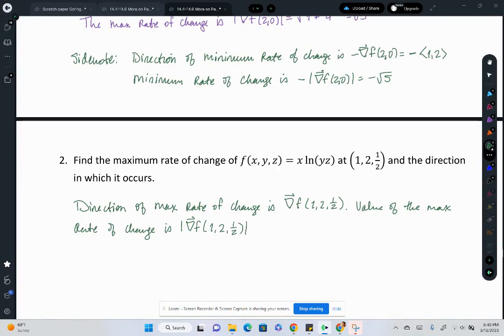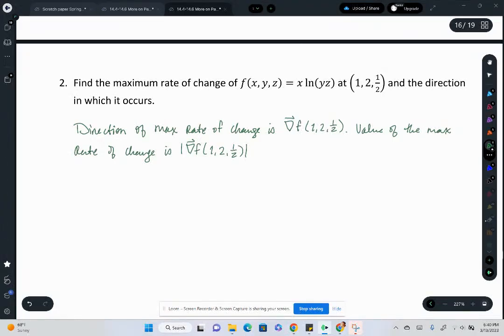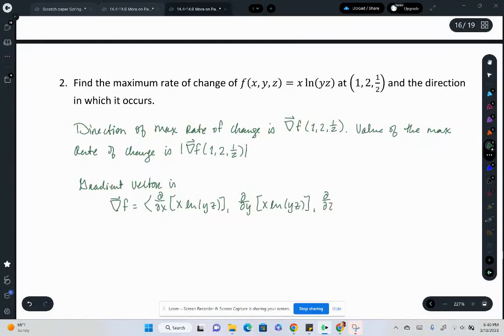So we need to find our gradient vector and then we can calculate these things. Our gradient vector is del f equals, we're first going to find the partial with respect to x of x ln(yz), then the partial with respect to y of x ln(yz), and then the partial with respect to z of x ln(yz).